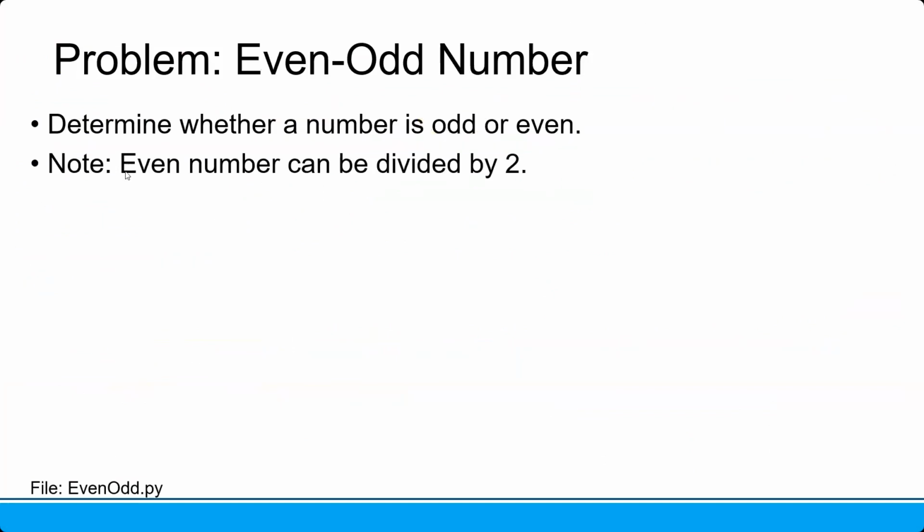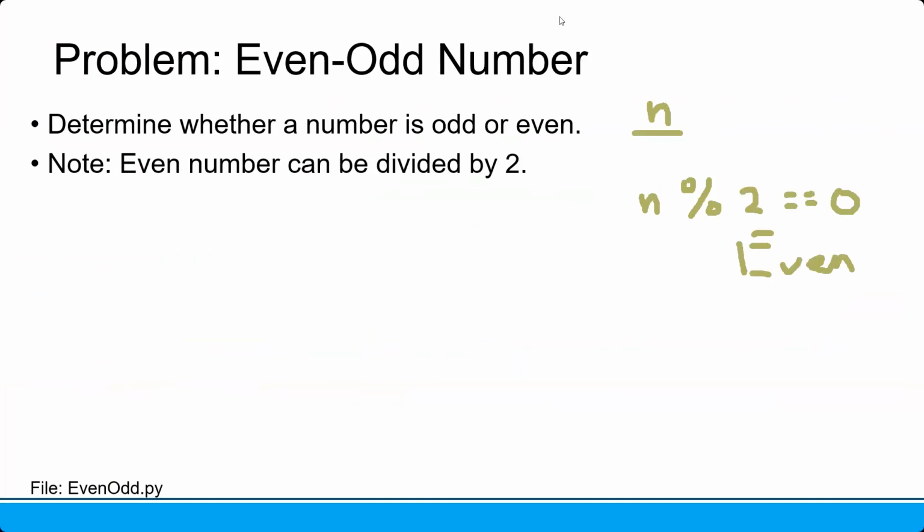Now, an even number can be divided by 2. If any number can be divided by 2, it is even. So, let's say we have variable n, and if n remainder 2 equals 0, then any number that can be divided by 2 will be even.